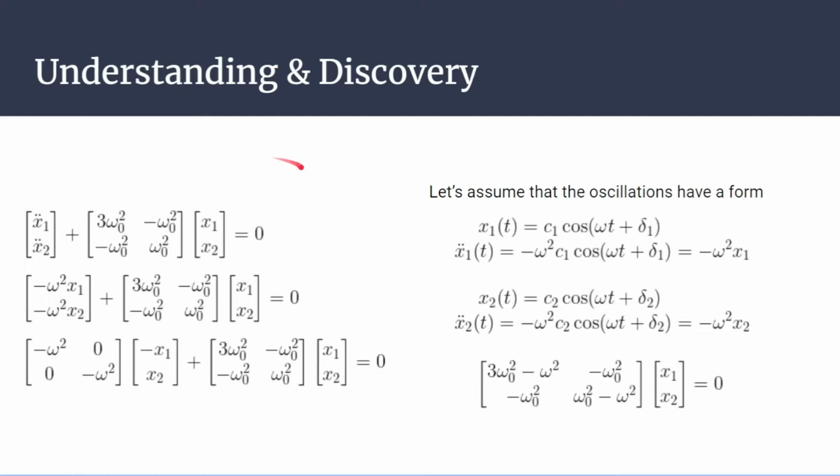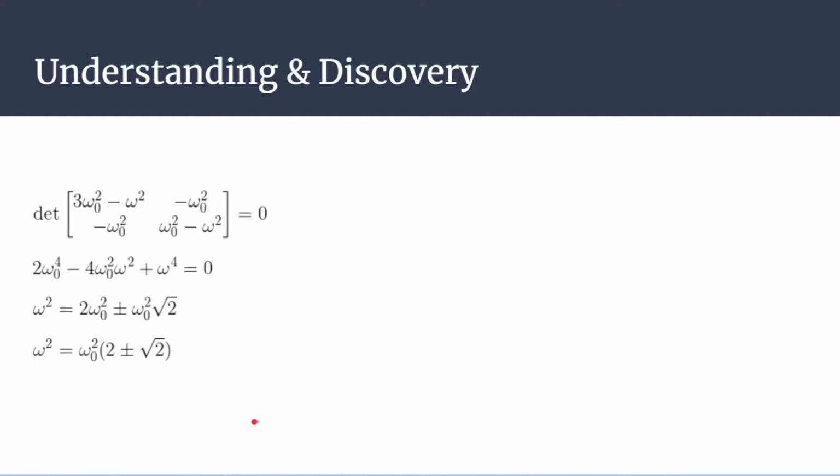We can write down this. To solve the equation, we can solve for omega by taking the determinant. This will be a second-order equation, and it's simple to solve. And with omega, we will have the period T to know the period of the double pendulum.